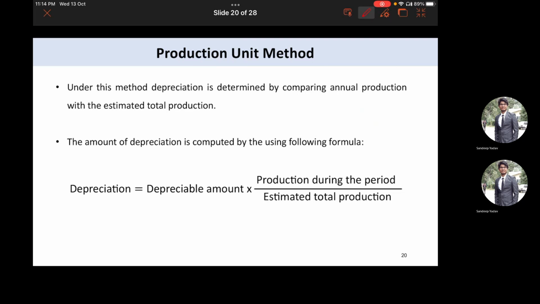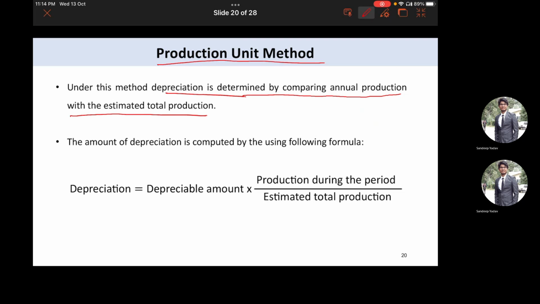Now, let's move on to the production unit method. In this method, depreciation is determined by comparing annual production with the estimated production.